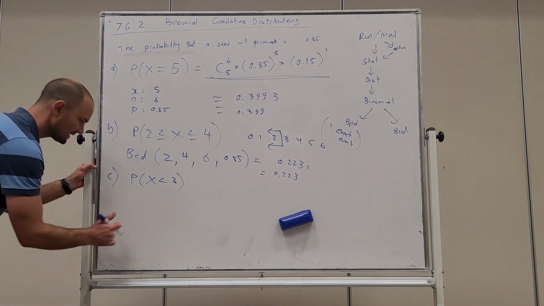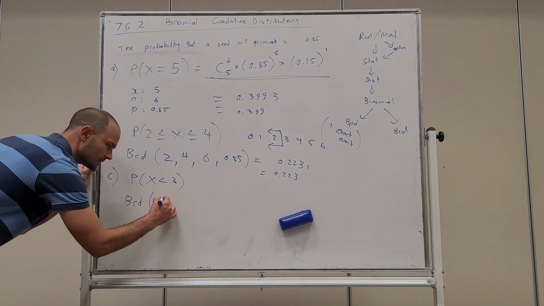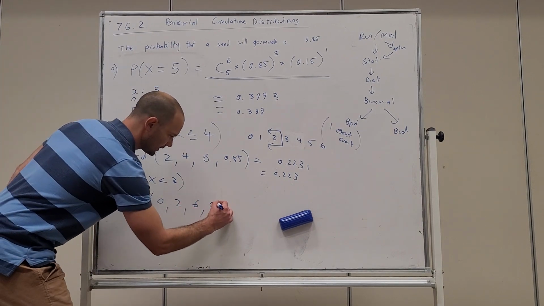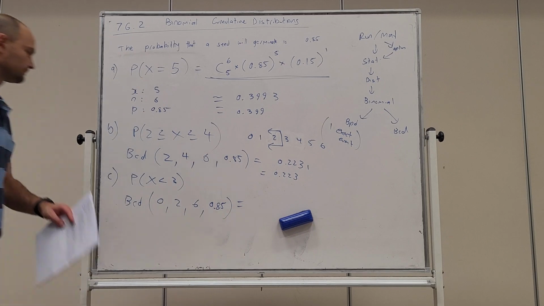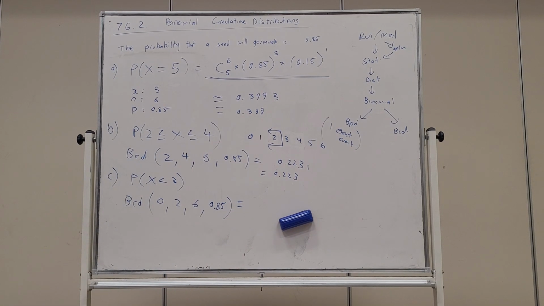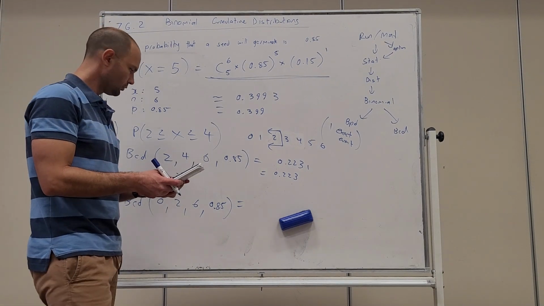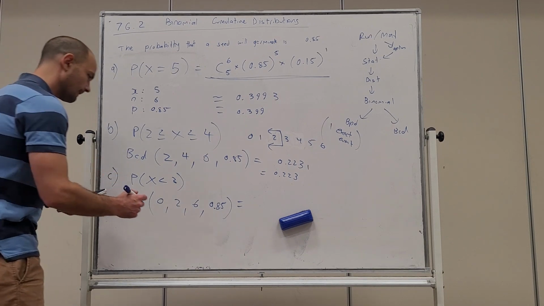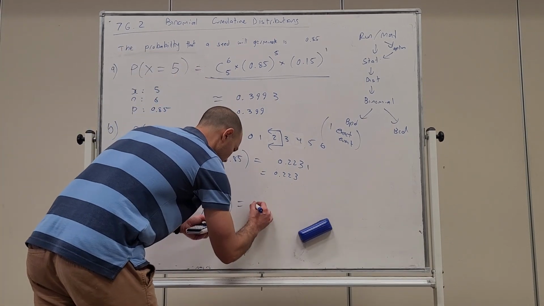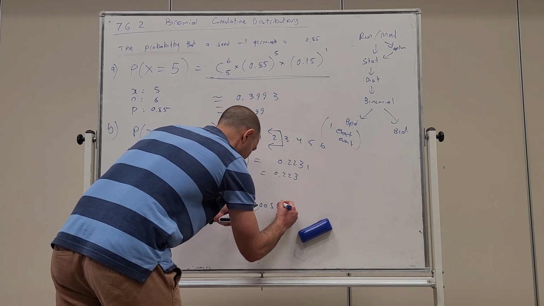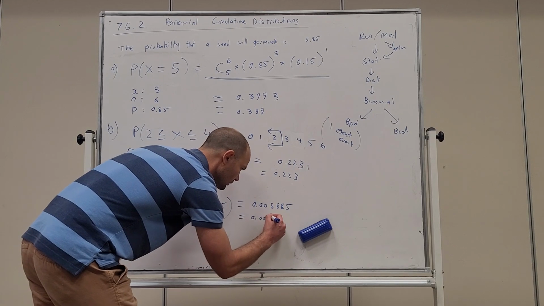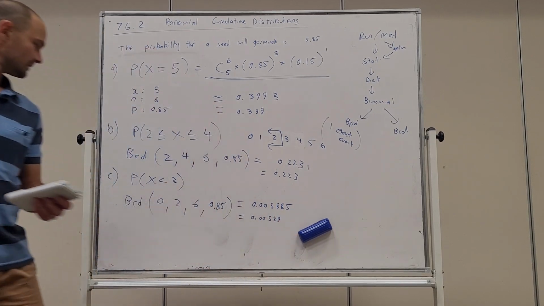So our BCD calculation now is from 0 to 2 out of 6 trials, and the probability of a seed germinating is 0.85. Between 0 and 2 out of 6, 0.85. Much smaller, 0.005885. Four figures, round the 4th. Okay, that's C.